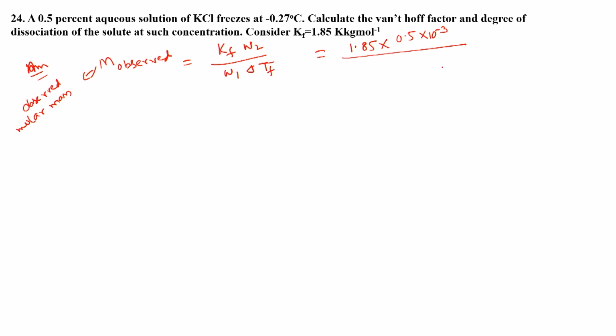Okay, and then we get 100 times 10 to the minus 3. This is W1 and delta Tf is 0.27.